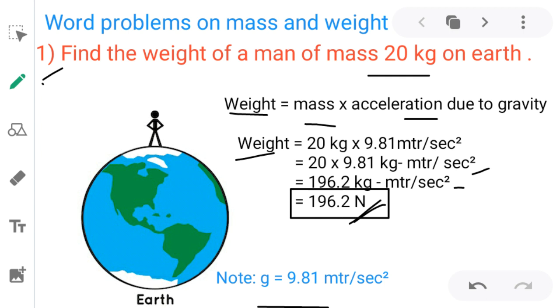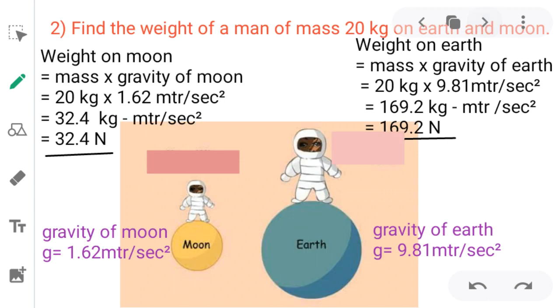Let's take one more example of this type. Find the weight of a man of mass 20 kg on Earth and on Moon. We should find the weight of the same man on Earth and again on Moon.